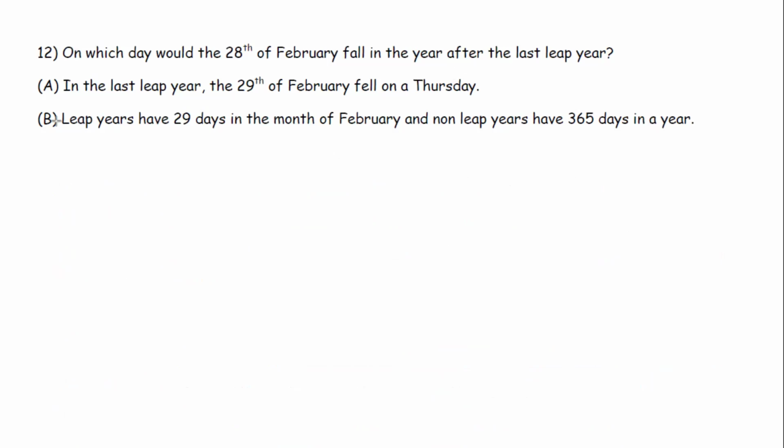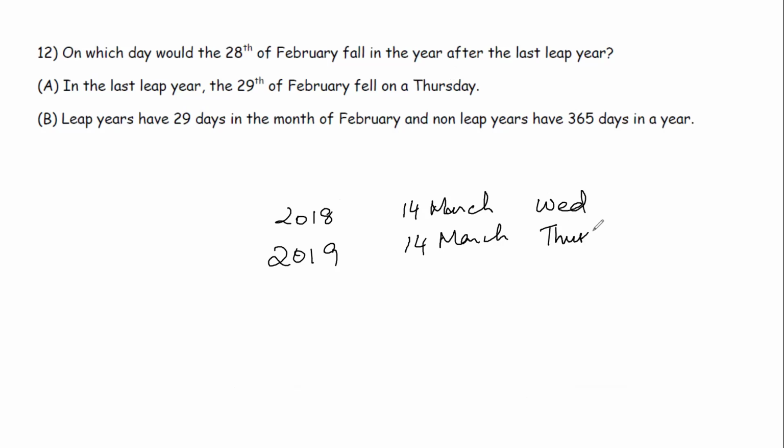any year you pick up, 2018, let's say 14th of March, hypothetically, I don't know which day it is, but let's say it is Wednesday. Then in 2019, now these both are non-leap years, 14th of March will fall on Thursday, 1 day after Wednesday.